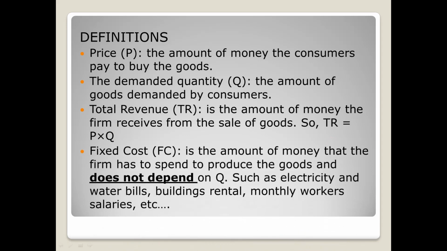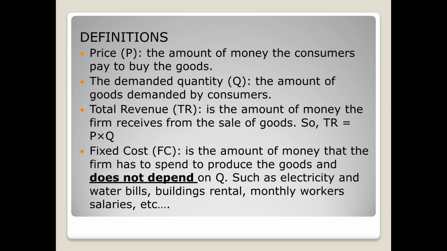Next quantity is fixed cost. We will use the symbol FC for the fixed cost, which is the amount of money that the firm has to spend to produce the goods, and this quantity does not depend on the amount of quantity produced. Examples of this kind of cost are electricity and water bills, and building rental.